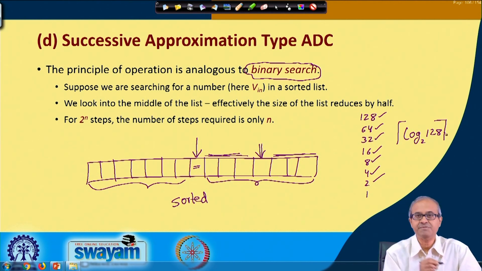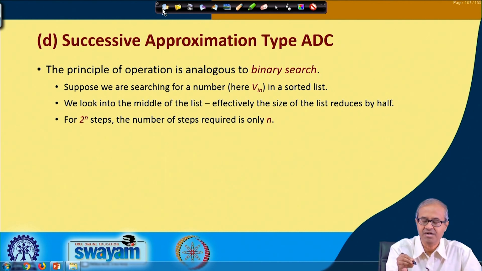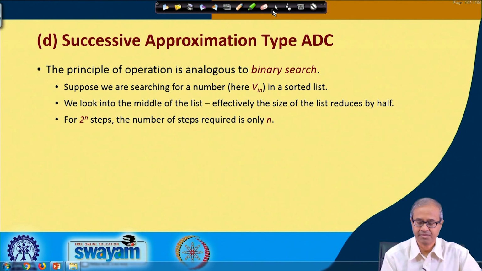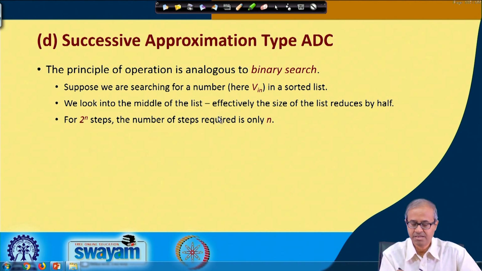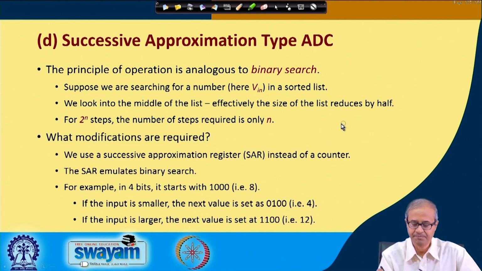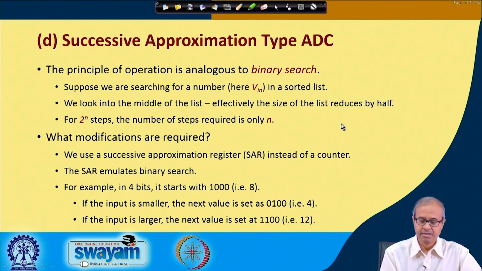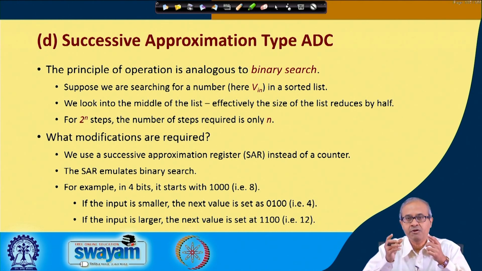Now, this successive approximation technique is like implementing binary search in hardware to perform the AD conversion. Let us see how it does. For 128 I say that it will need log 128.